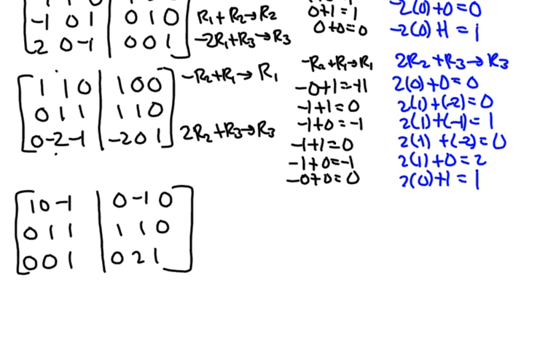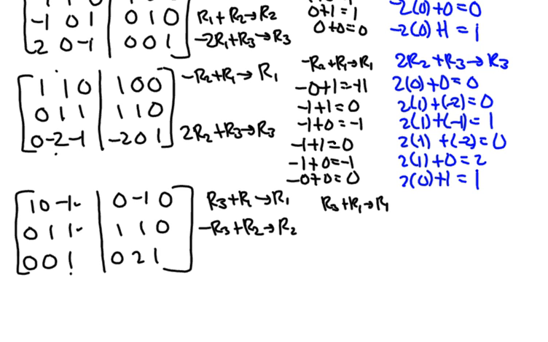So now let's take a look at column 3. 1 is where it belongs, that's great, but this one needs to be a 0, and this negative 1 needs to be 0. So using row 3, I'm going to take the opposite of row 3 plus row 2 is going to be my new row 2. And for row 1, I'm going to take R3 plus R1 is going to be my new row 1. Okay, so let's do this on the side then.